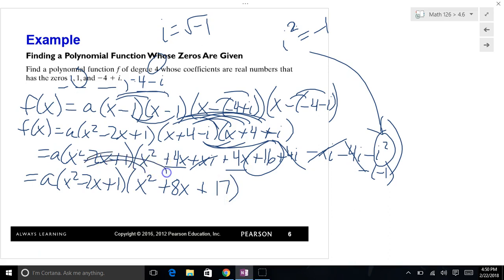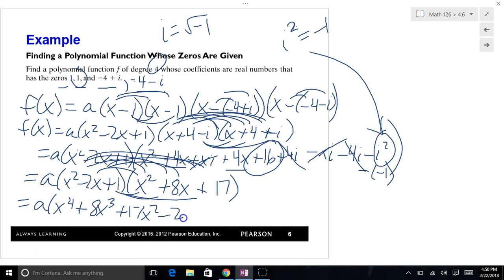And then I'm going to take the x squared to everybody, I'm going to take the negative 2x to everybody, I'm going to take the 1 through to everybody. So this becomes a times x to the 4th plus 8x to the 3rd plus 17x squared minus 2x to the 3rd. Oh my gosh, this gets messy. Where am I at?